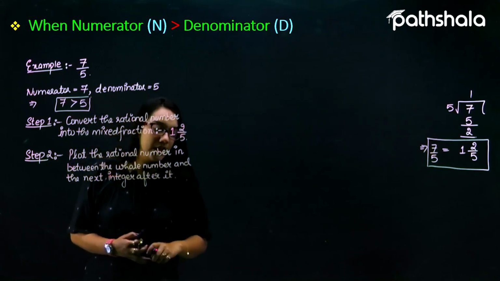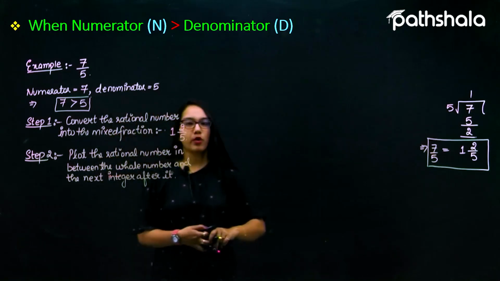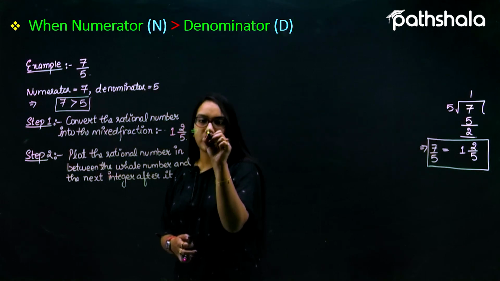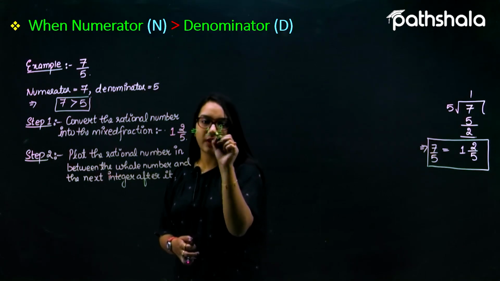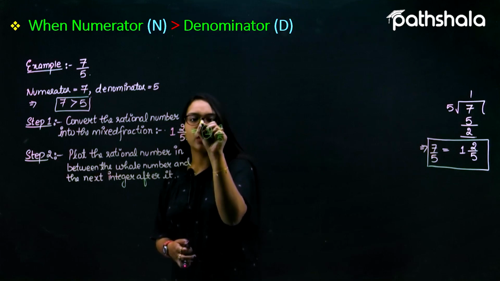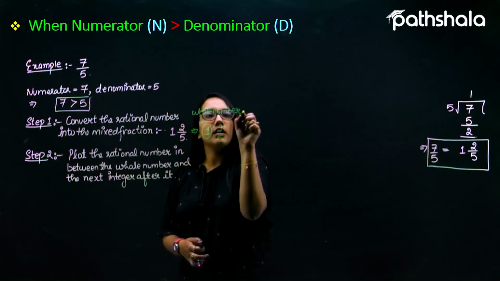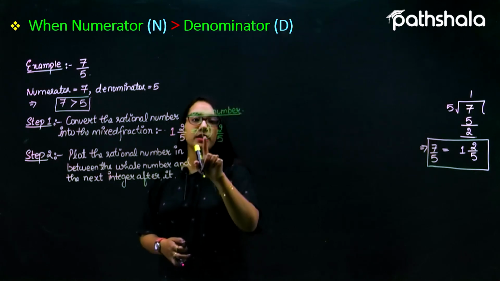What does it mean? It means that, let us suppose I'm talking about this particular mixed fraction, 1, 2 by 5. So we have to look at this particular whole number. This is my whole number. The whole number over here is 1.